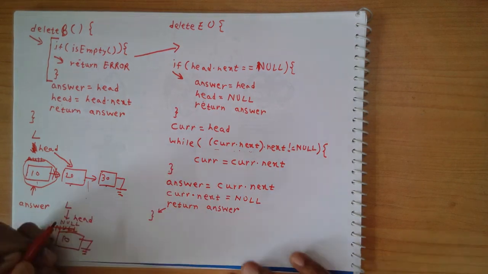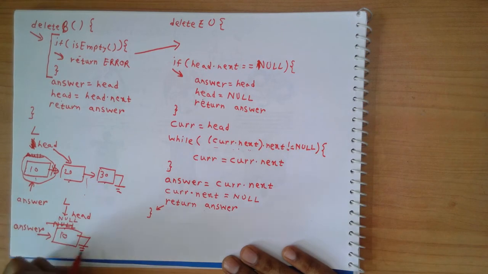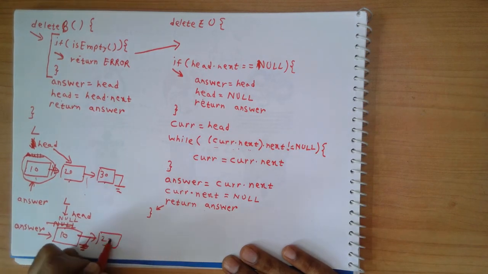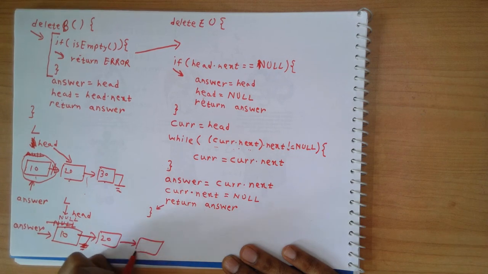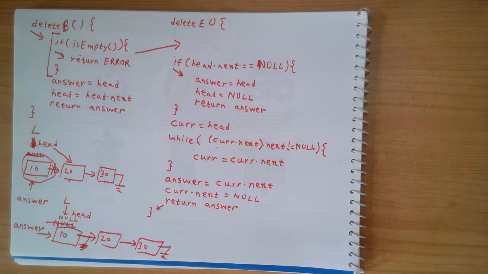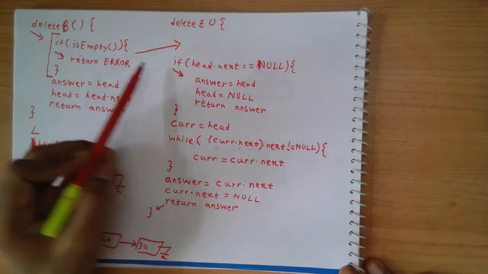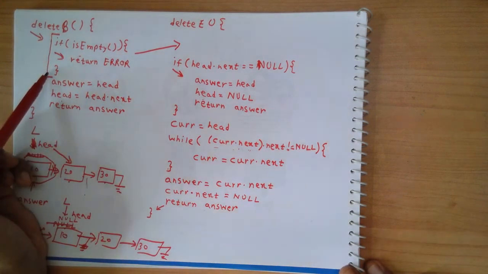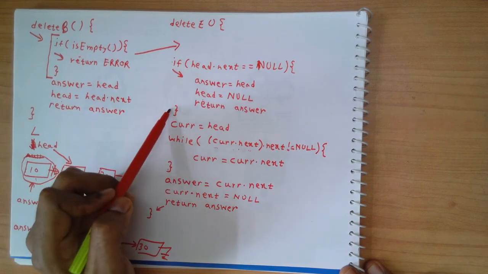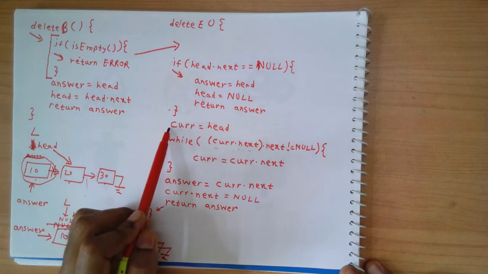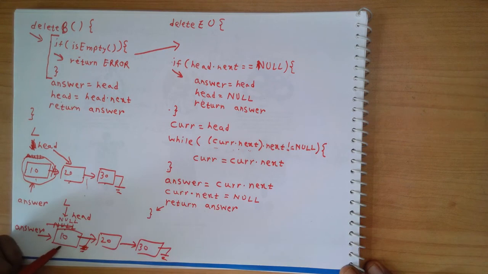And now let's take a case where my list has not just one node but multiple nodes. So let's say I have 10, 20 and 30, and let's say this is the last node in my list. First this particular condition will come out to be false, and even this condition will come out to be false. Now I will say my current node is the head node, which is the node 10.